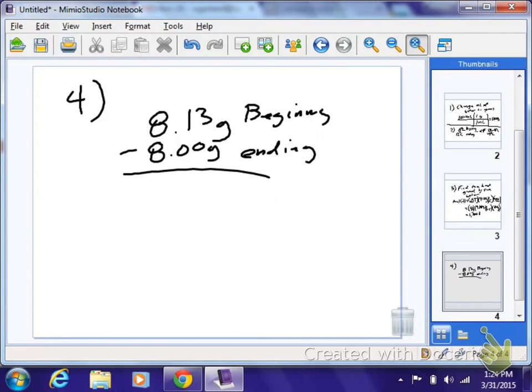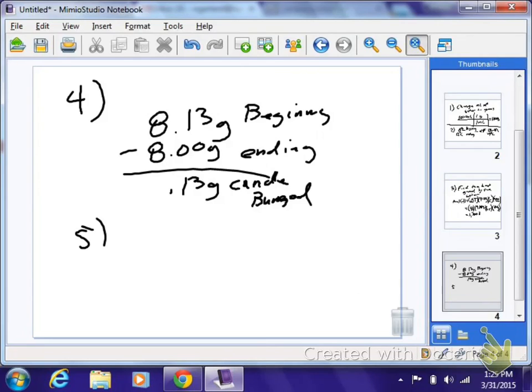If we subtract those two, we get 0.13 grams of candle burned. Okay? So 0.13 was burned. And so we're going to use that to find our heat of combustion in number 5.